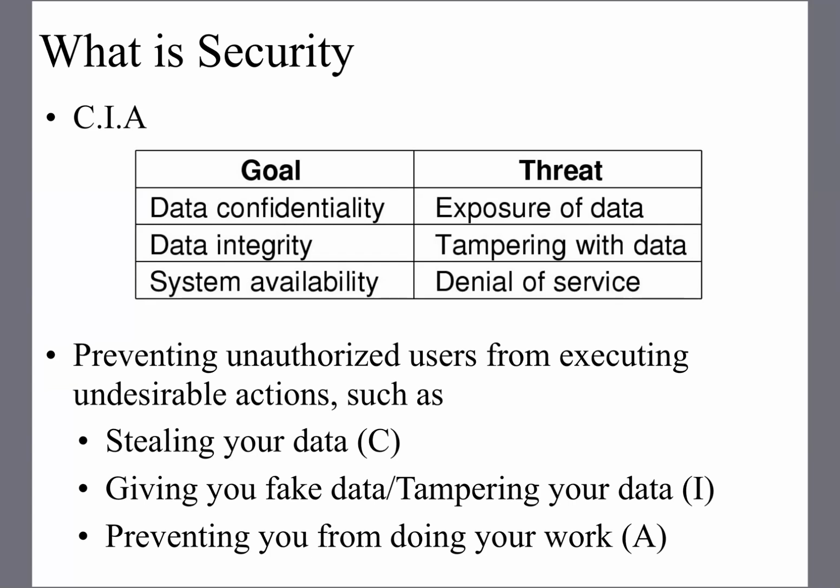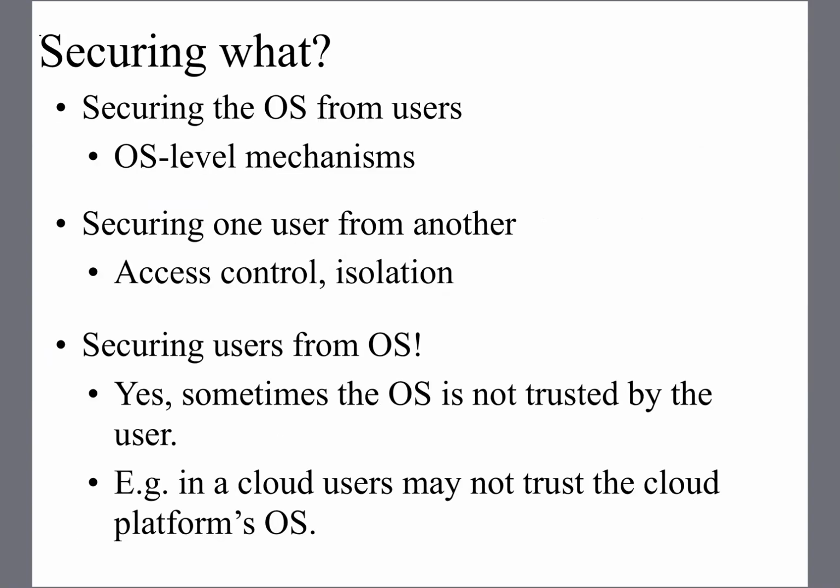All right. So the security definition pretty much captures any threat that you can think of and any solution that would address the corresponding threat. So we're going to take a little more broad view from the OS perspective.